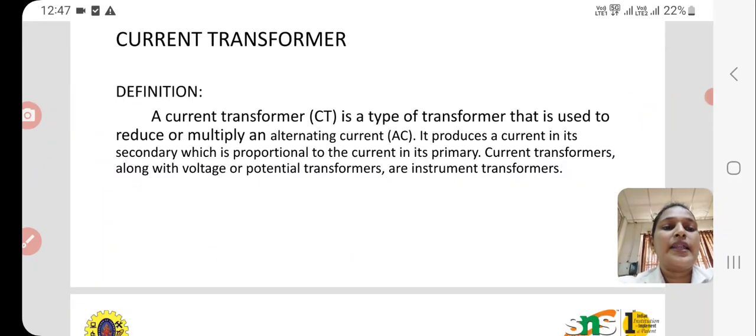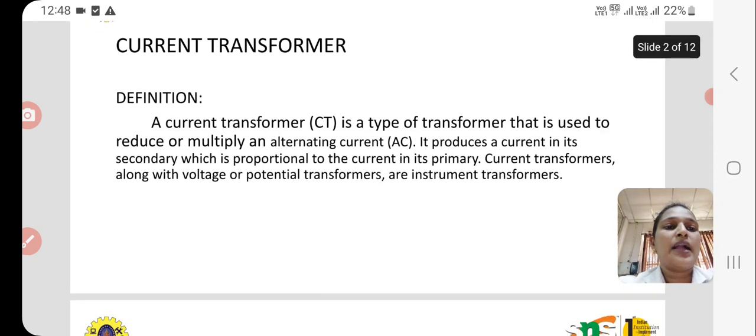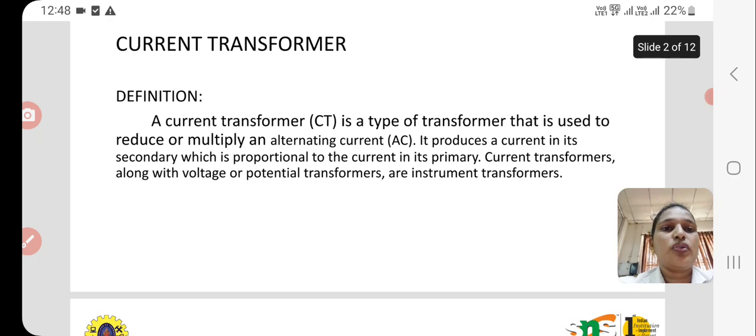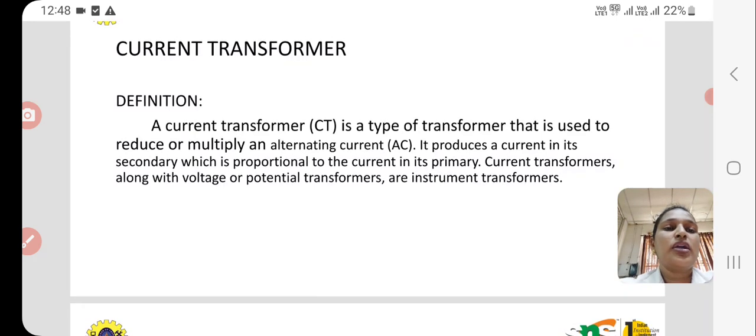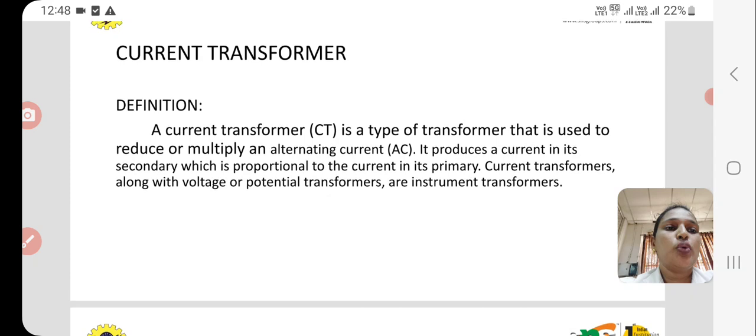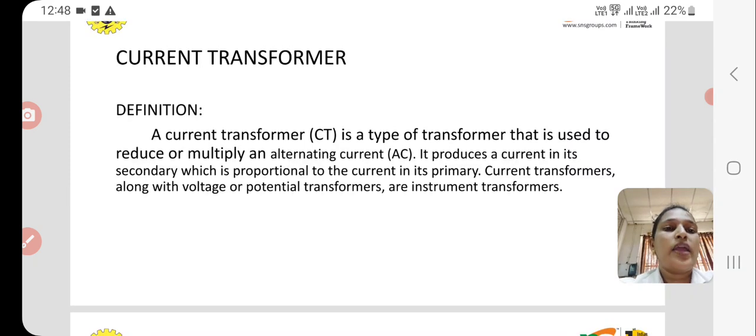A current transformer is a type of transformer that is used to reduce or multiply an alternating current. Current transformers and potential transformers are used in power systems wherein high voltages and high currents are dealt with. You cannot directly measure those high currents and voltages, so you need to step them down.